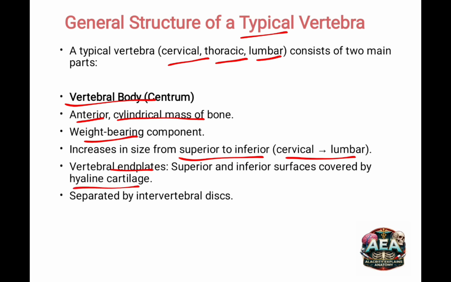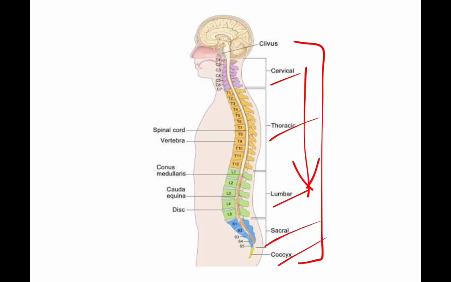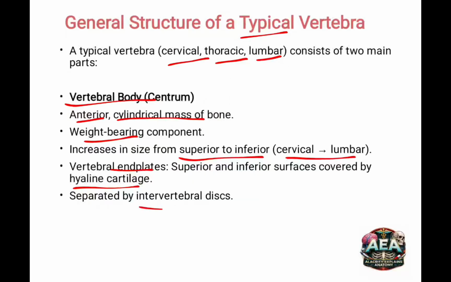It is separated by intervertebral discs, which means one vertebral body is separated from the next vertebral body by an intervertebral disc, which means in between these vertebrae T1, T2, T3, T4, in between them is an intervertebral disc.